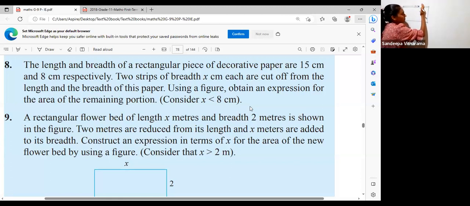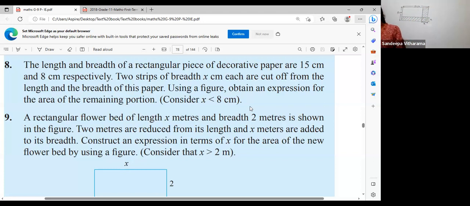Then from the length portion they have removed x length portion. Then from the breadth also they have removed the same size strip. It is also equal to x.